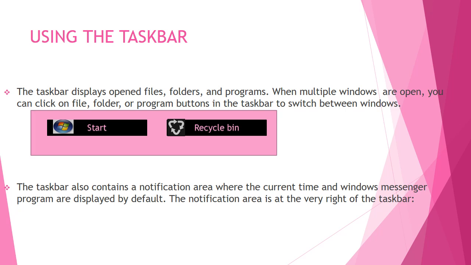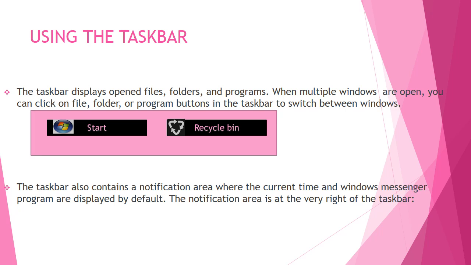How to use the taskbar. The taskbar displays open files, folders and programs. When multiple windows are open, you can click on file, folder or program buttons in the taskbar to switch between the windows. This taskbar, which is the menu bar, is represented in this diagram, which is known as Start.